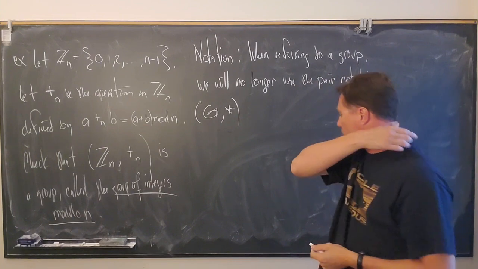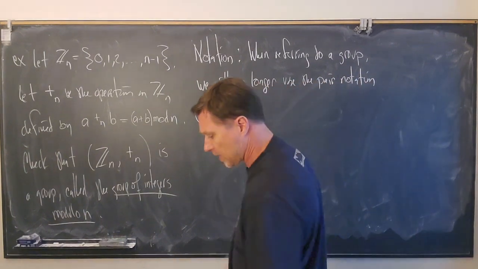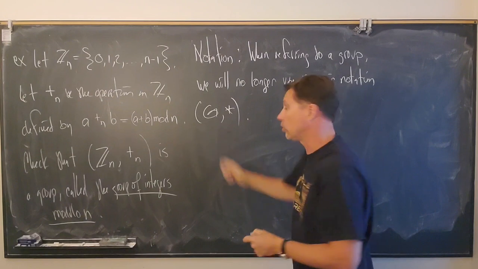That's how we would do it in the abstract. Instead, we're just going to say let G be a group.